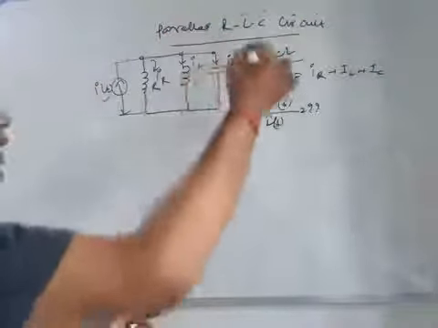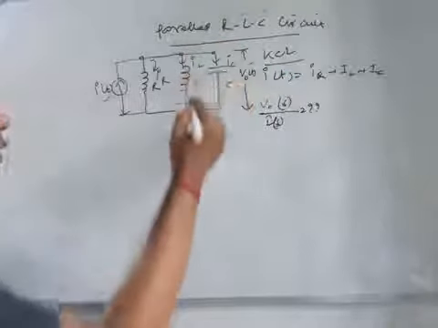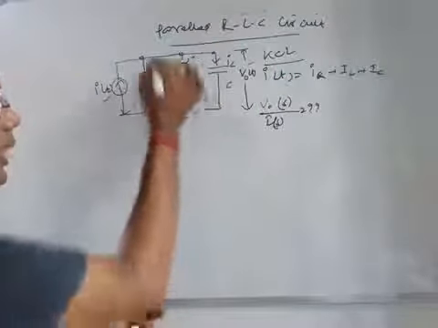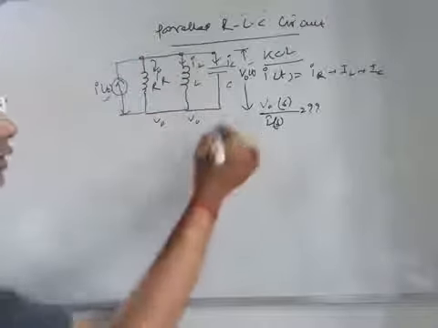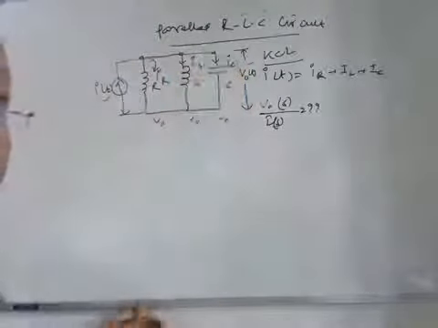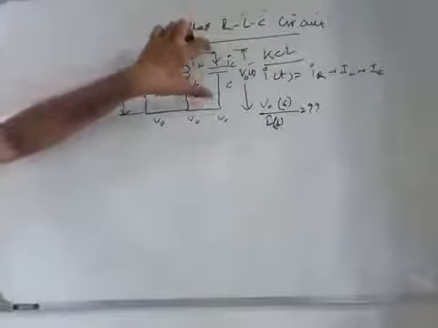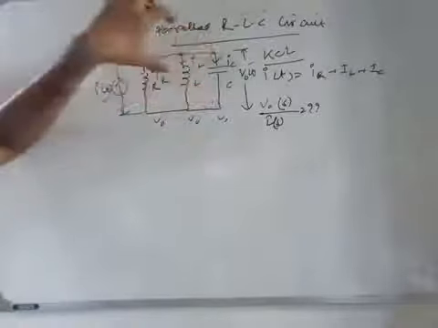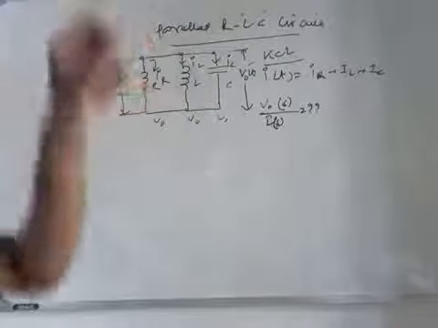If this voltage across the capacitor is V0(t), definitely the voltage across L will be V0, and the voltage drop across R will also be V0, because they are connected in parallel. As they are all in parallel, the voltage across the capacitor is V0, across L is V0, and across R is also V0.